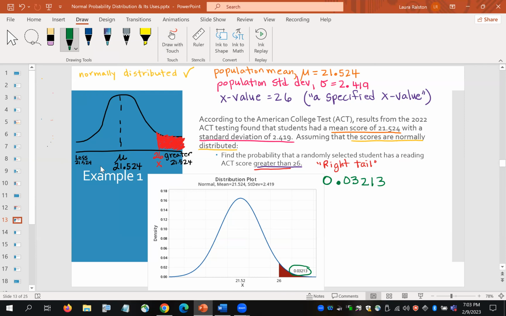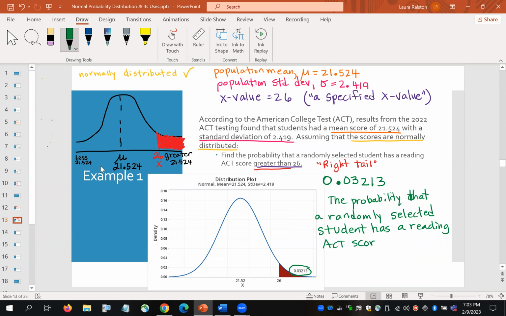Okay, so that means the probability that a randomly selected student has a reading ACT score greater than 26 is 0.03213.